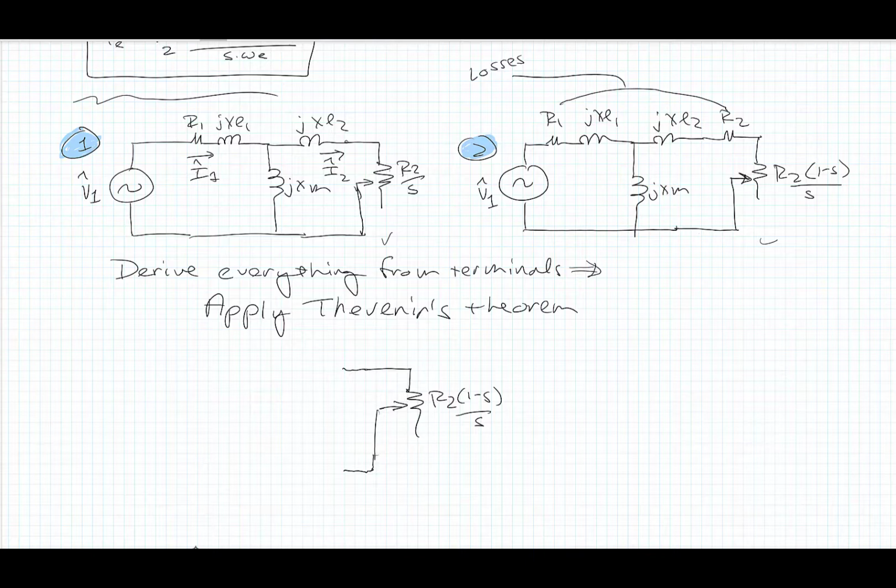I know that I've got these impedances here in the rotor. They're all in series, that's easy enough. But it'd be nice if I could get rid of this thing right here. Can I get rid of that?